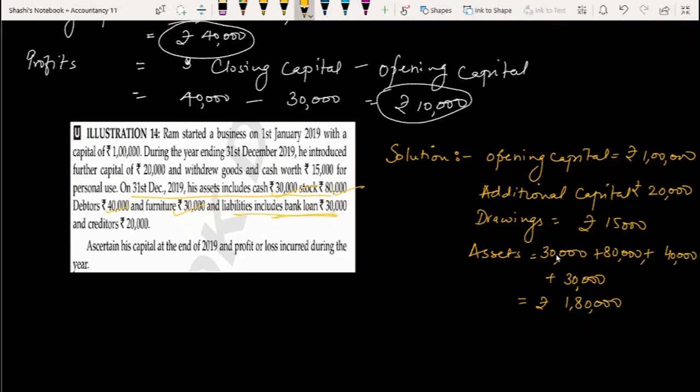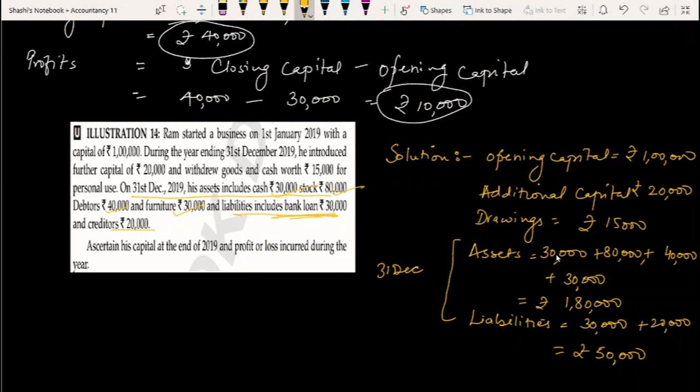The liabilities include the bank loan of 30,000 and the creditors of 20,000, so total liabilities are 50,000. These two are for 31st of December, the closing date, so they help us find the closing capital.